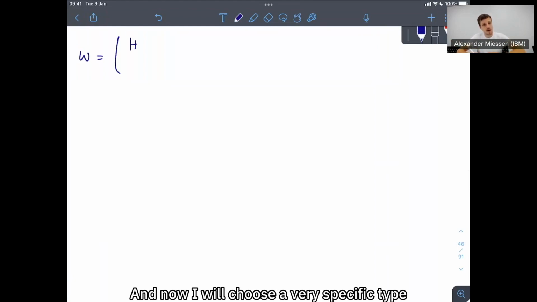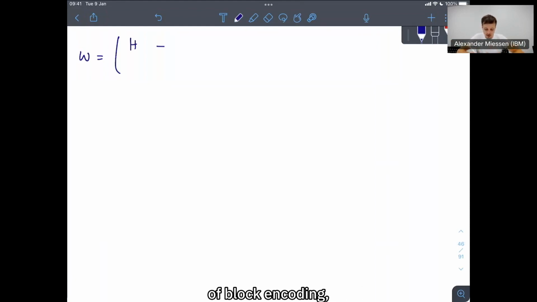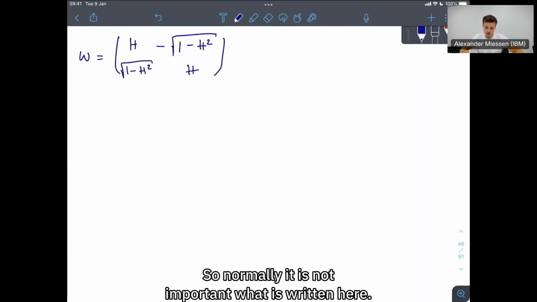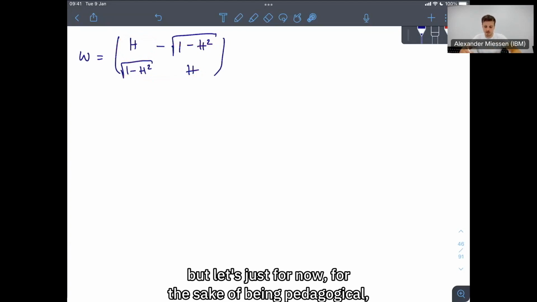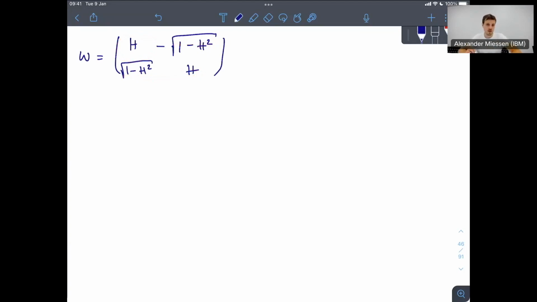And now I will choose a very specific type of block encoding, namely one that looks like so. Okay, so normally it is not important what is written here. It's only important what's written here. But let's just for now, for the sake of being pedagogical, envision such a block encoding.